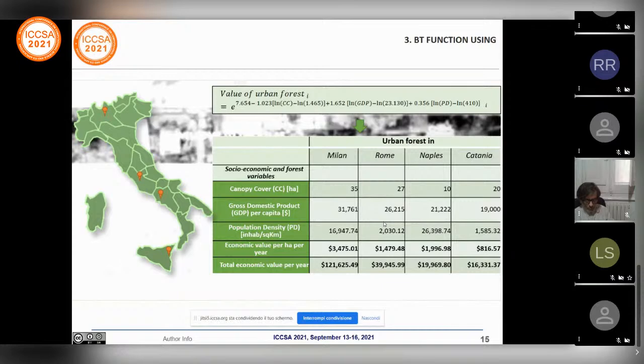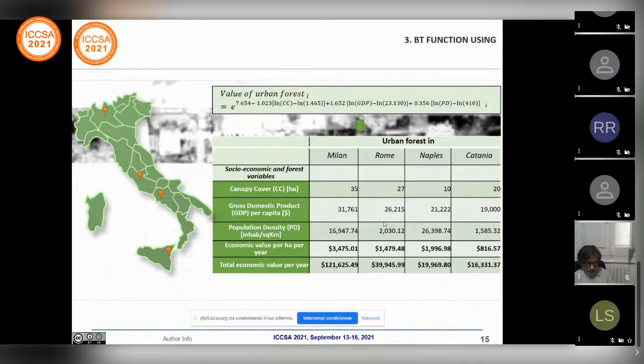And we obtained a specific economic value per hectare per year and a total economic value per year. And we found that, according to the principal evidence read in the literature, the economic value that we obtained supports the evidence that we extracted from the papers in the literature review.